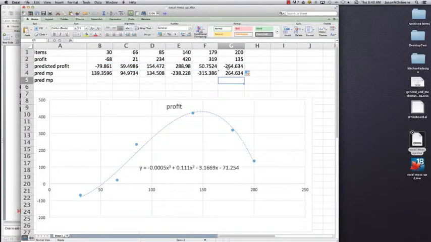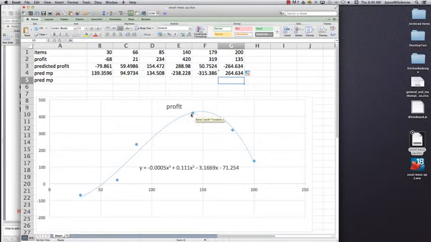Now we're starting to see something very unfortunate happening. For example, at 140 items, the profit is 420, but the predicted profit is 288. So at this point of 140, the numbers do not match up with what is showing on the plot.